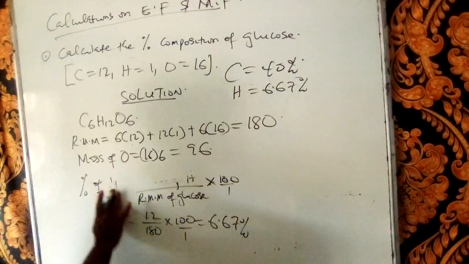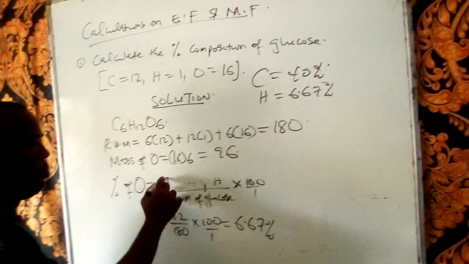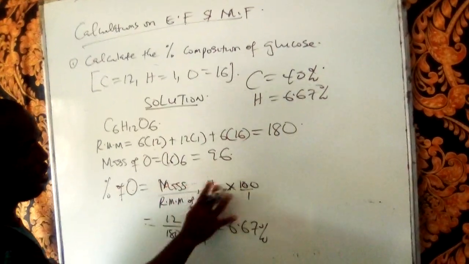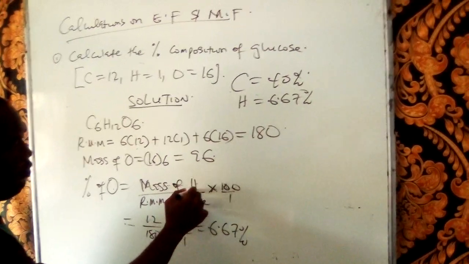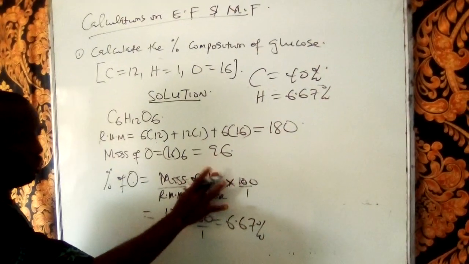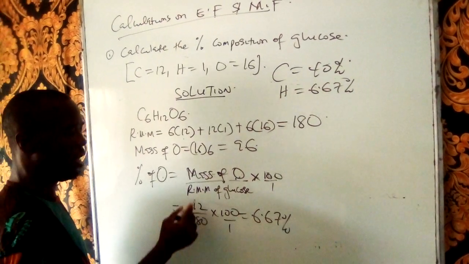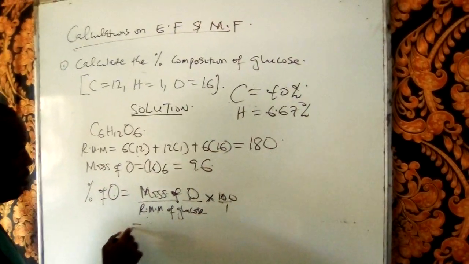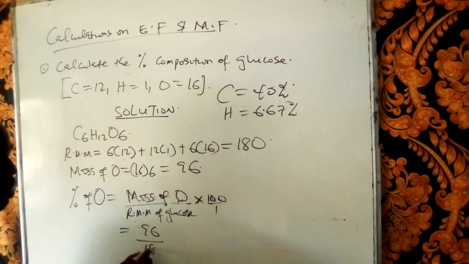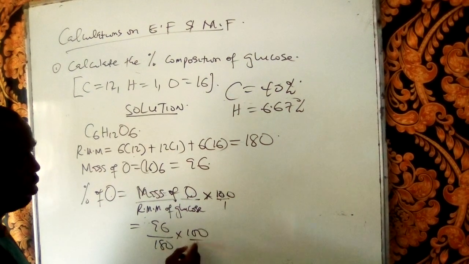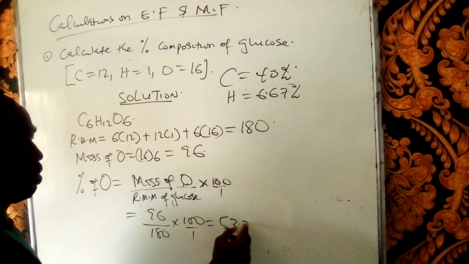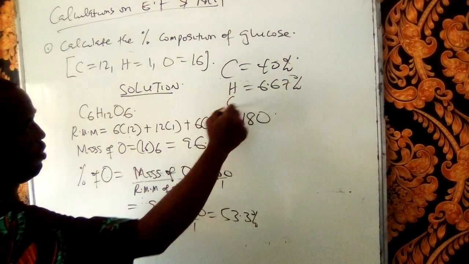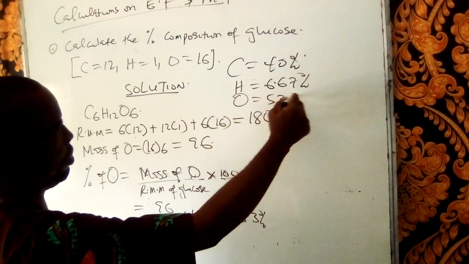So the percentage of oxygen becomes mass of oxygen all over molecular mass of glucose times 100 over 1. So the mass of oxygen in the compound is 96 grams, all over 180 times 100 over 1. That gives us 53.3%. So oxygen gives us 53.3%.